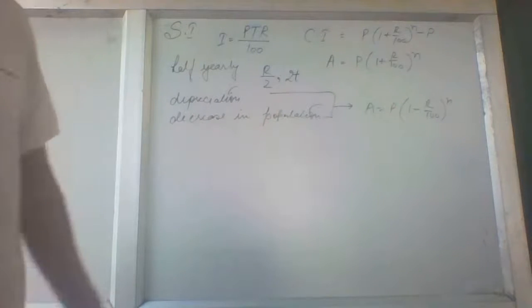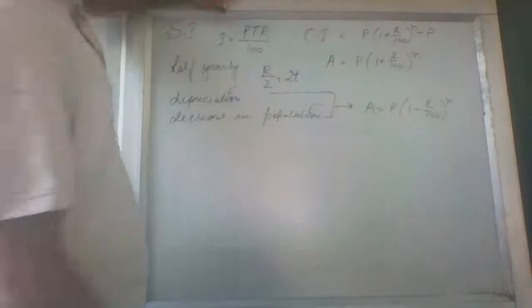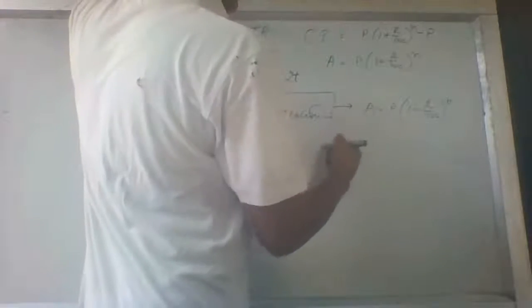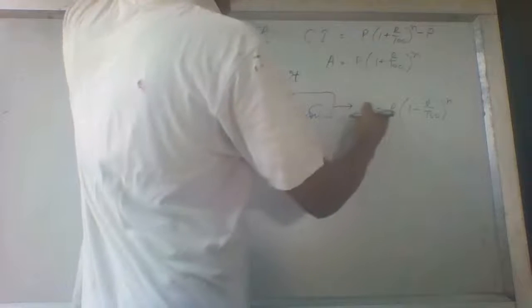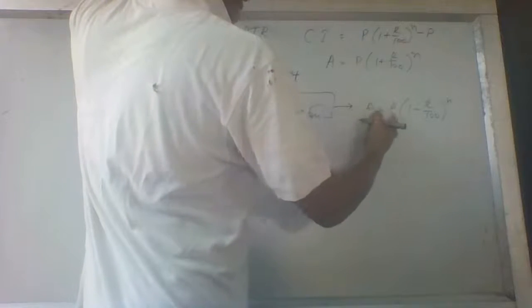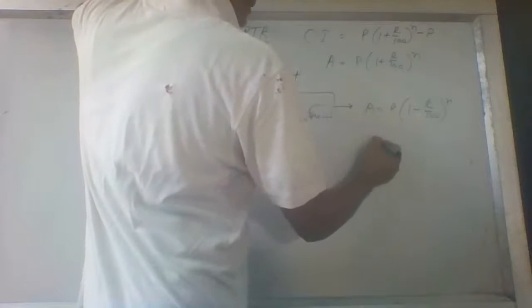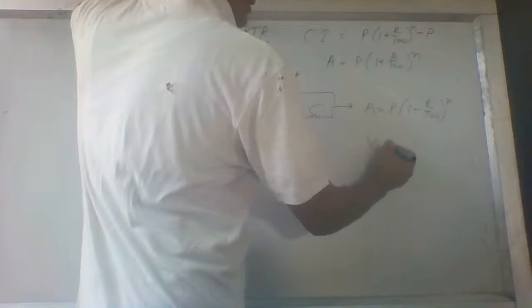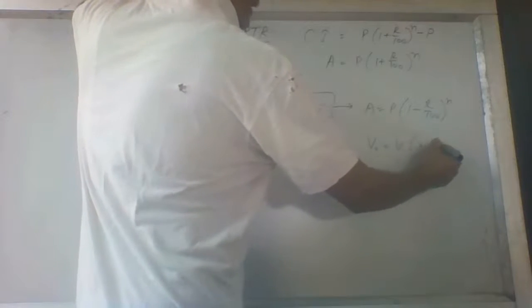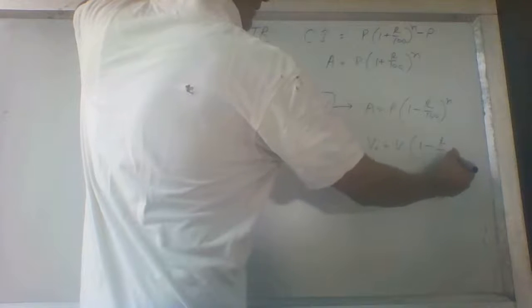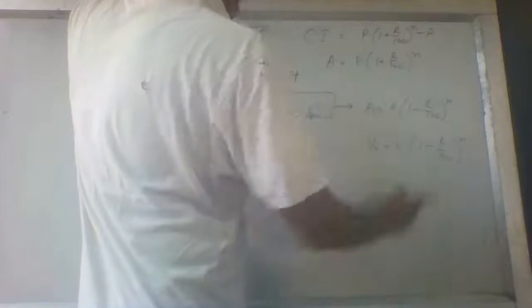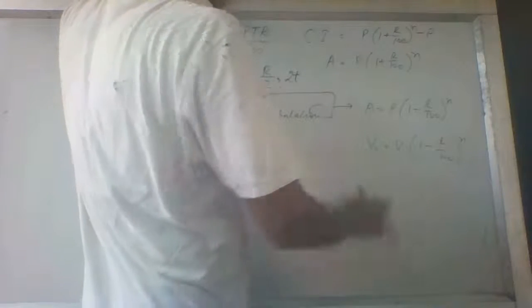At that time, you can change this formula and put different alphabetical values for these two alphabets, and it may be V equal to V0 1 minus R upon 100 to the power n. N is the years, R is the rate. They are the same.